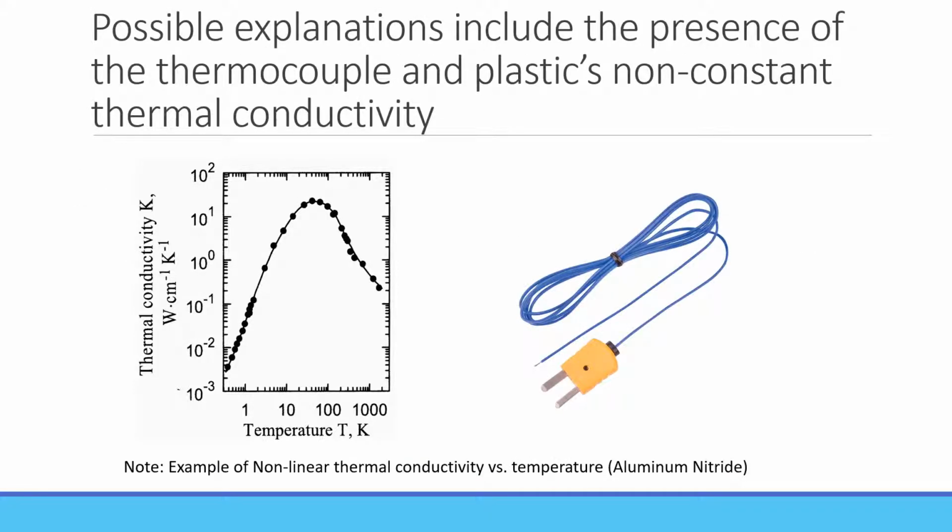The inaccuracy observed in the theoretical analysis for predicting the cooling time can be explained possibly by two phenomena. One of which is the fact that the plastic filament, both PLA and ABS, have a non-constant thermal conductivity, much like other materials. That means that their thermal conductivity changes over temperature.